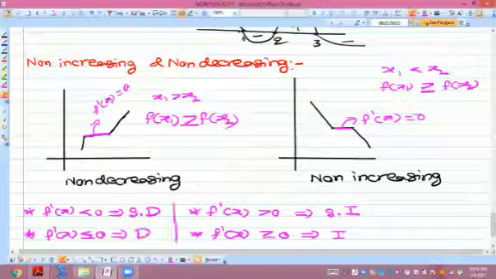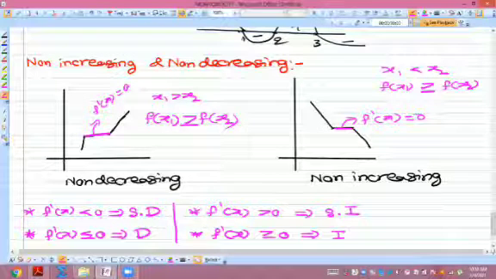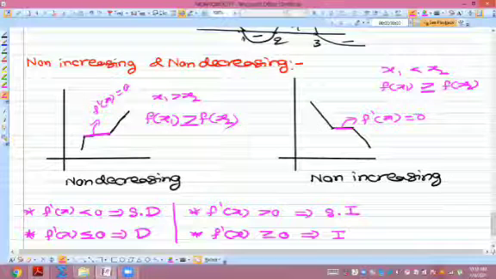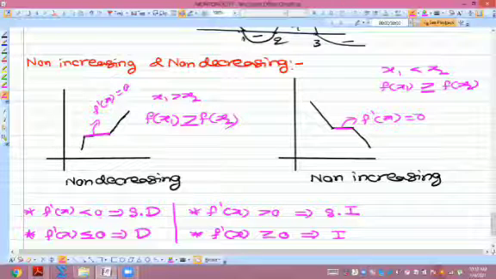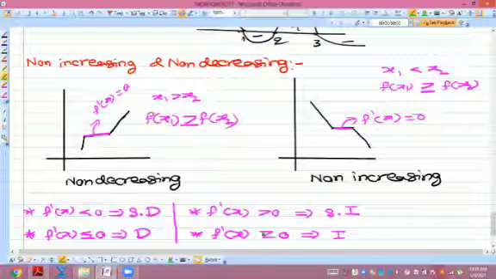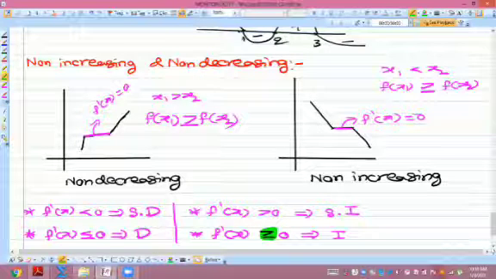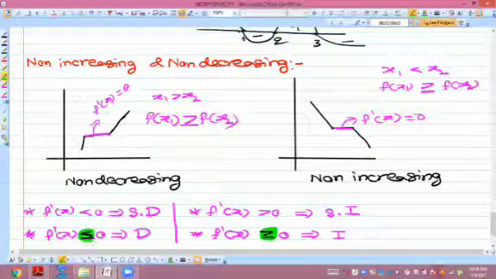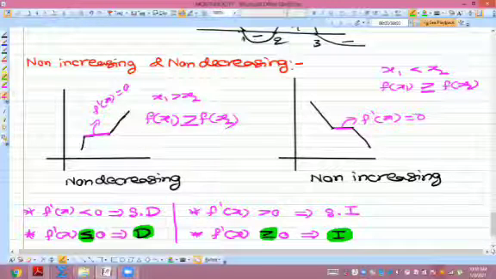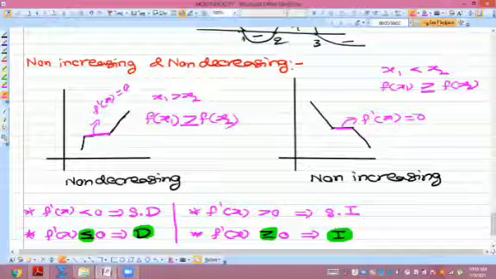This is the thing we should know. So when they are saying the function is increasing, you have to consider greater than or equal to. Decreasing means less than or equal to. But in the above problem, the options are not with closed interval. So that is why we need to consider only this.